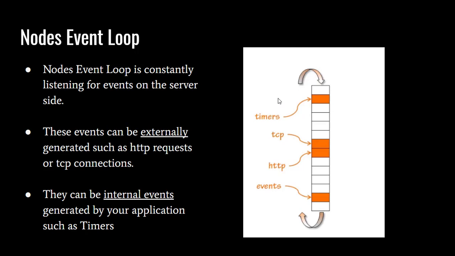Those events usually have callbacks. Or they can be internal events, like timers, set intervals, and things like that. These events will be placed on the event loop, but they may have deferred callbacks or executions that can be processed at a later time.